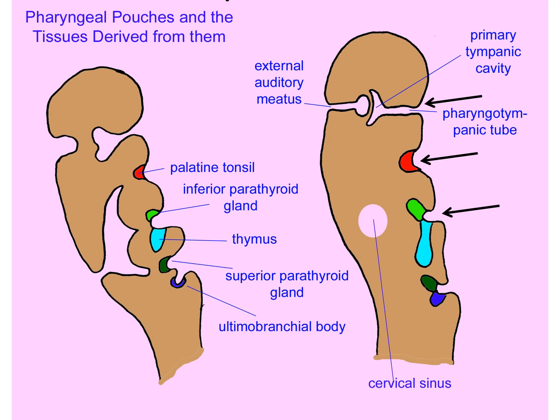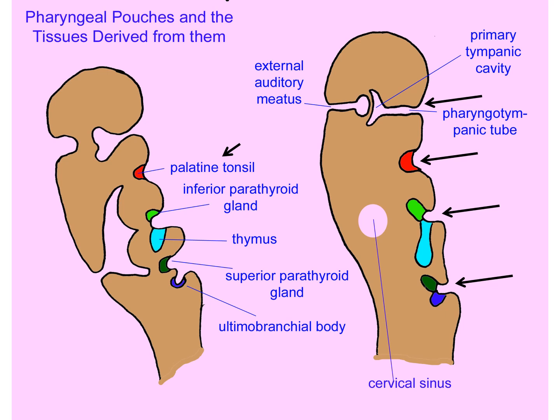The superior one is going to develop the inferior parathyroid gland, and the inferior one is going to develop the thymus. And the last pouch also bifurcates into two wings. The upper one is for the superior parathyroid gland, and the inferior one is for the ultimobranchial body, which will form the parafollicular cells of the thyroid gland.